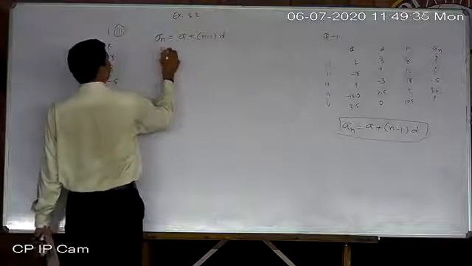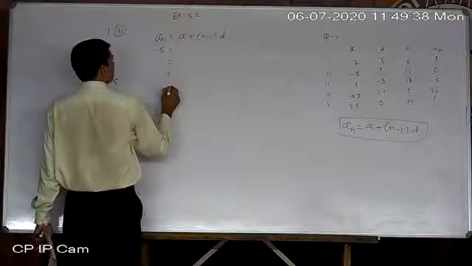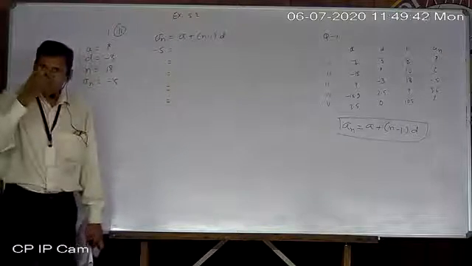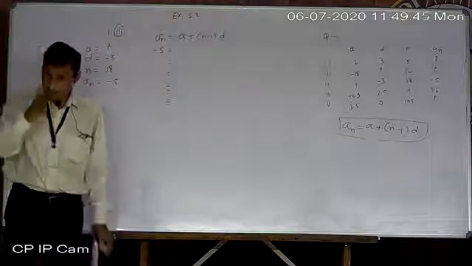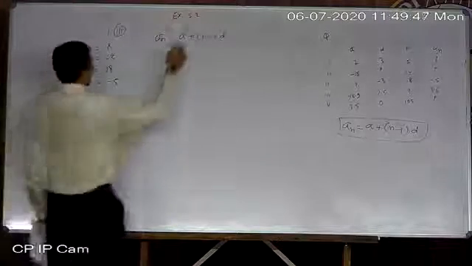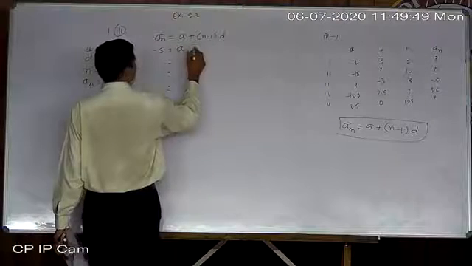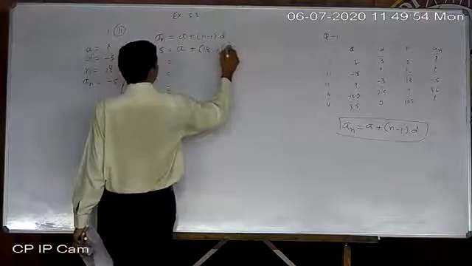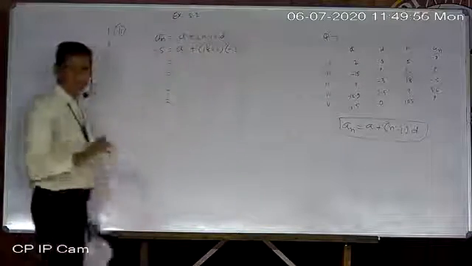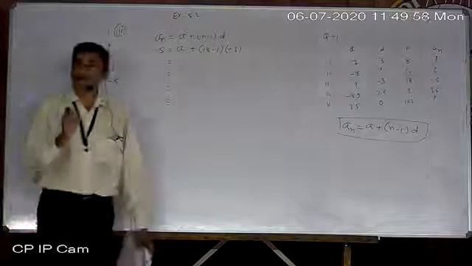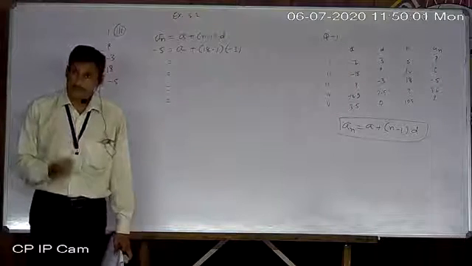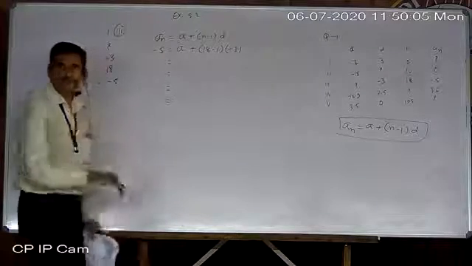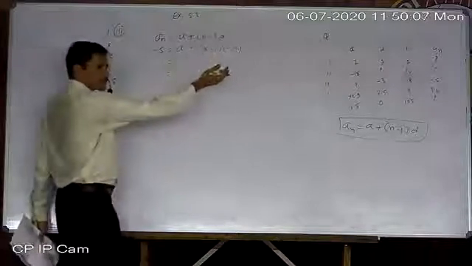N minus 5 equal to, I try to arrange that equal to sign in a particular vertical way. A not given, so write down A only. N 18, D minus 3. The value of D must be in brackets, particularly whenever D is negative. Whenever D is negative, the value must be in brackets only. Otherwise, its meaning becomes different.